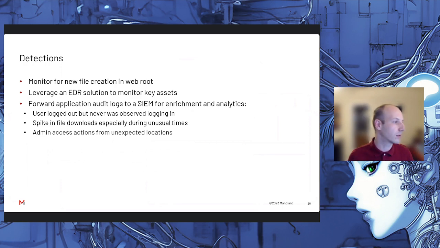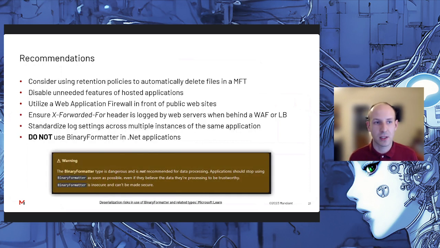And here I have a couple of potential things you could develop rules for. From a recommendations perspective, a lot of these managed file transfer solutions have retention policies built into them. So leverage them to automatically delete files, so that if you do get exploited, you're not releasing 30 days worth of data, or potentially terabytes of data. Disabling unneeded features in hosted applications would have saved some organizations in this instance.